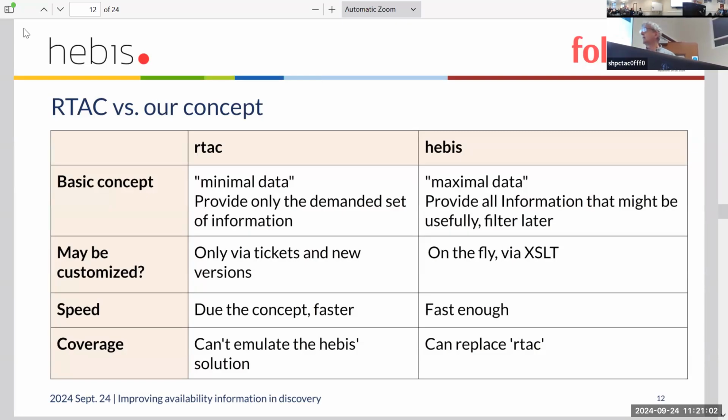Speed. Since the idea behind RTAC is to keep it small and simple, by design, it's the fastest solution you can do. We have a lot of overhead, but in the real world, we think it's fast enough.